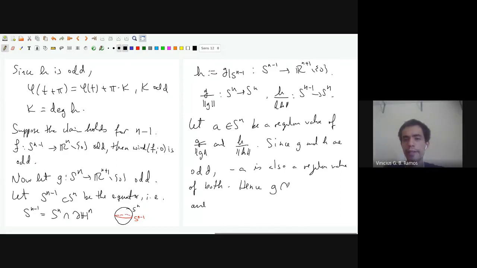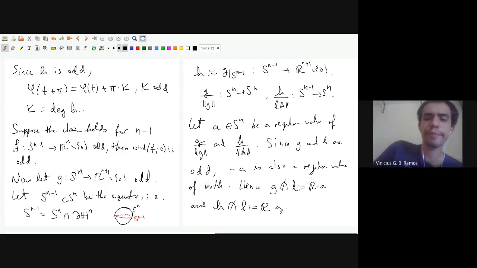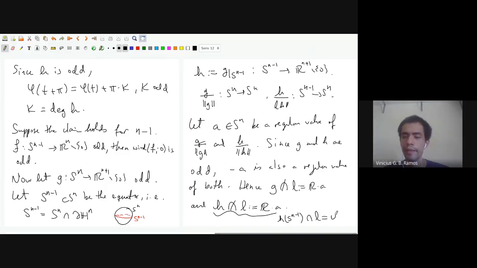So hence G and H intersect the line generated by A transversely. But look at H: the dimension of the line is one-dimensional. So there's not enough dimensions for these to intersect transversely if they do intersect. So this condition means that the image of H doesn't intersect L.